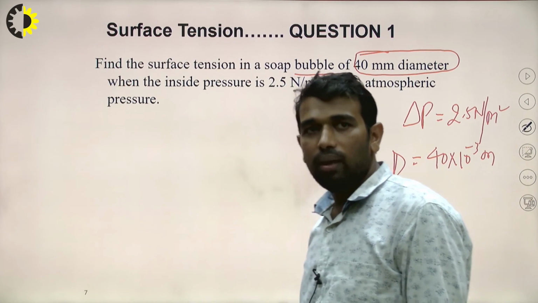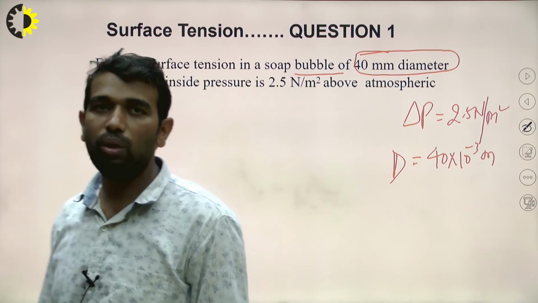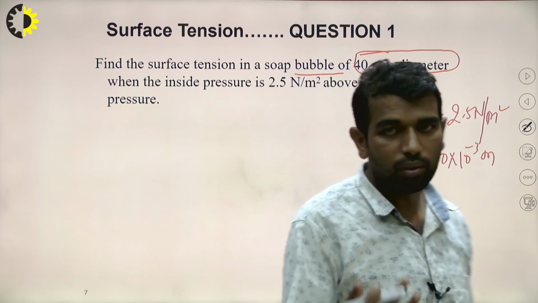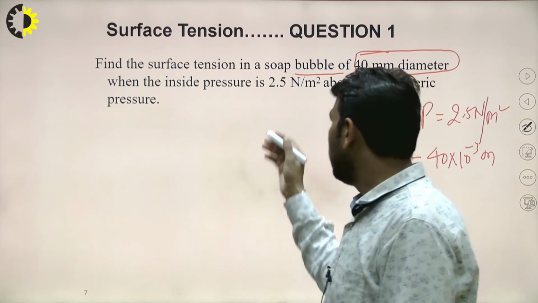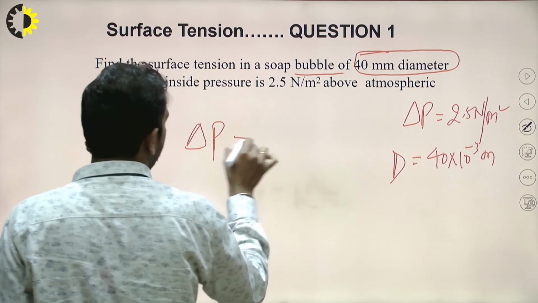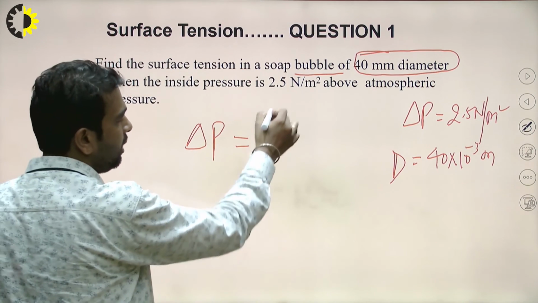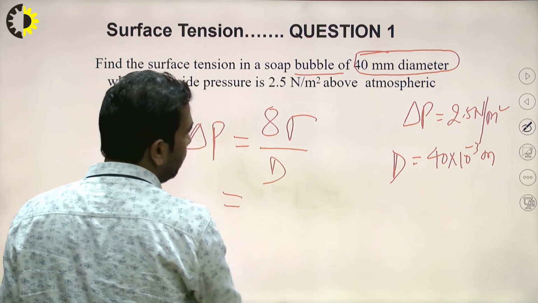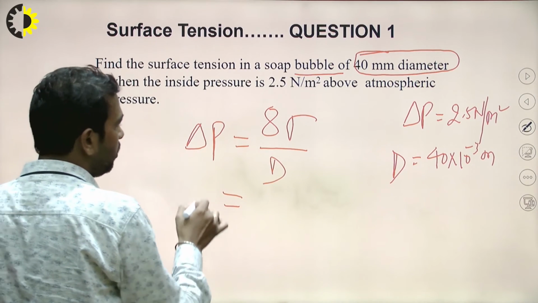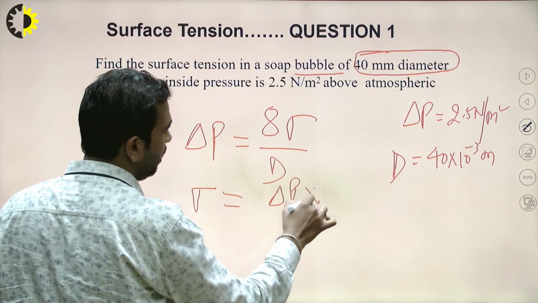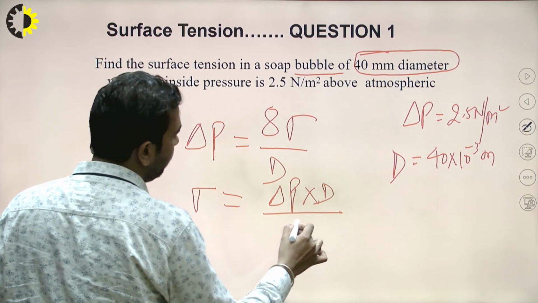What you have to find out is the surface tension for the soap bubble. For survival of any soap bubble, the difference in pressure is 8 times sigma by d. So sigma is the difference in pressure into diameter divided by 8.